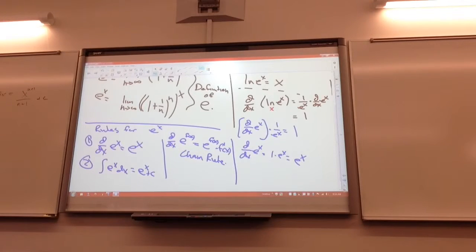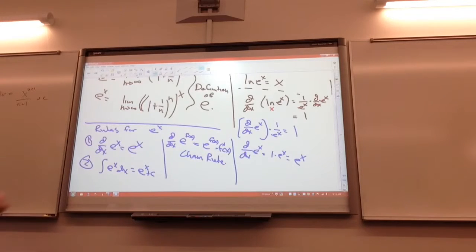Okay? Is that clear? Mm-hmm. It's the same reason why when I do the antiderivative of the sine of x, or the cosine of x, or something like that, I don't also do the anti-power rule to x there. It's simply because it's not that type of function. Right? But this gives us our rules for e to the x. Okay? Any questions here? Nope.